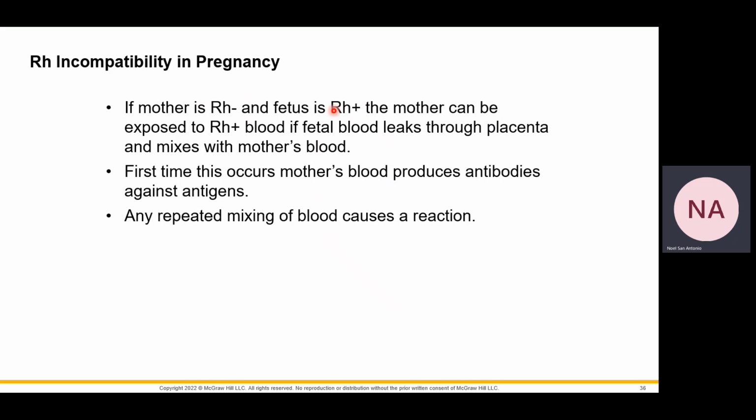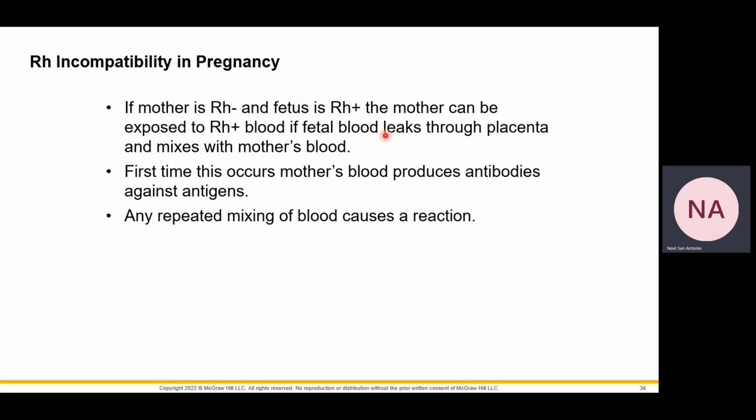Pwedeng maging Rh positive ang fetus if yung father is Rh positive. Okay? So, ang nangyayari, syempre, Rh negative, nag-asawa ng Rh positive, yung nabuong fetus is Rh positive. How can the mother be exposed to that Rh positive blood?